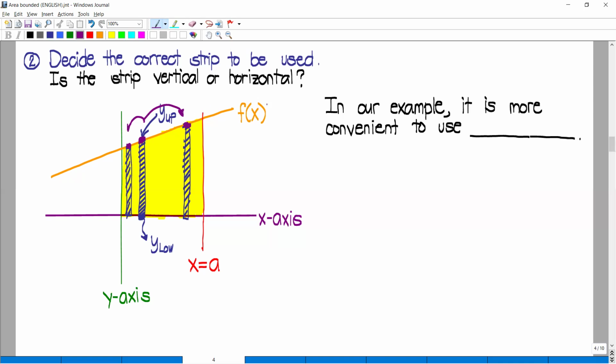The Y up is always touching the f of x. And yes, here at the bottom, it also satisfies the condition letter B, that the Y low is always touching the violet line, or always touching the x-axis.